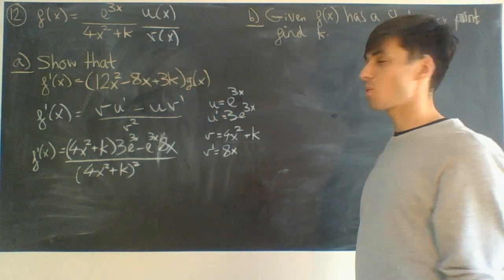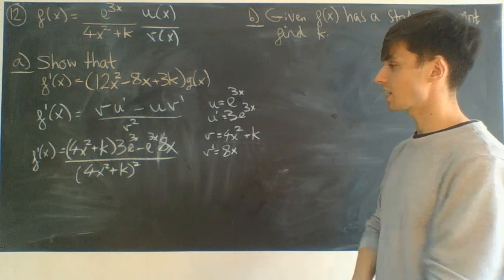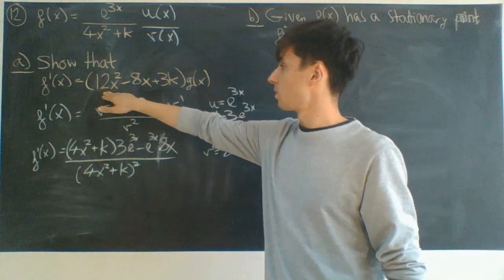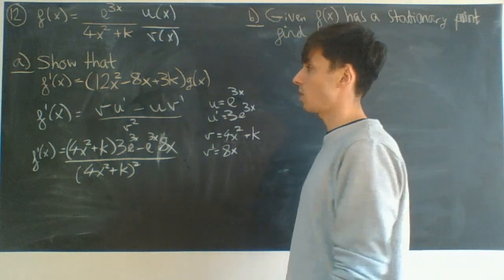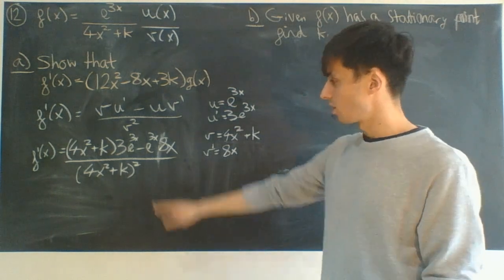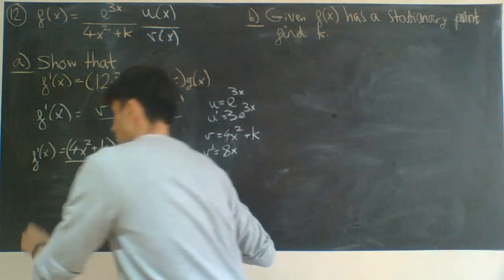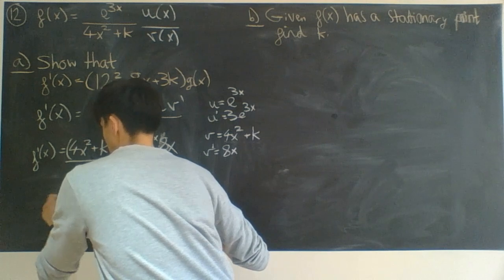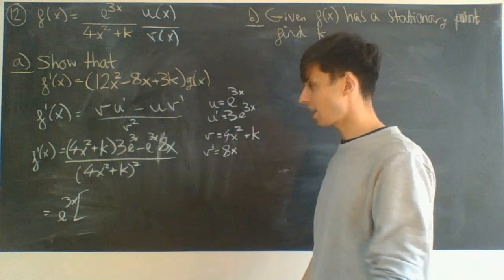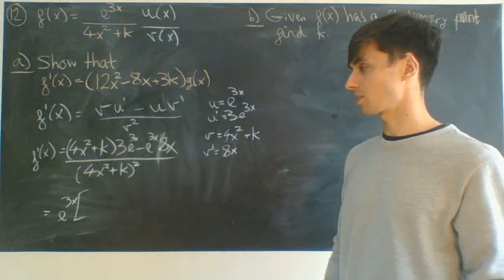I mean, this is still quite messy, but maybe it can look nicer in a minute. Let's think about what we could do here, because we would like to show that we can take out a factor of 12x squared minus 8x plus 3k. At the moment, we can definitely do something with this e to the 3x. So we can write e to the power of 3x, and then in these brackets, we've got 3 lots of 4x squared plus k.